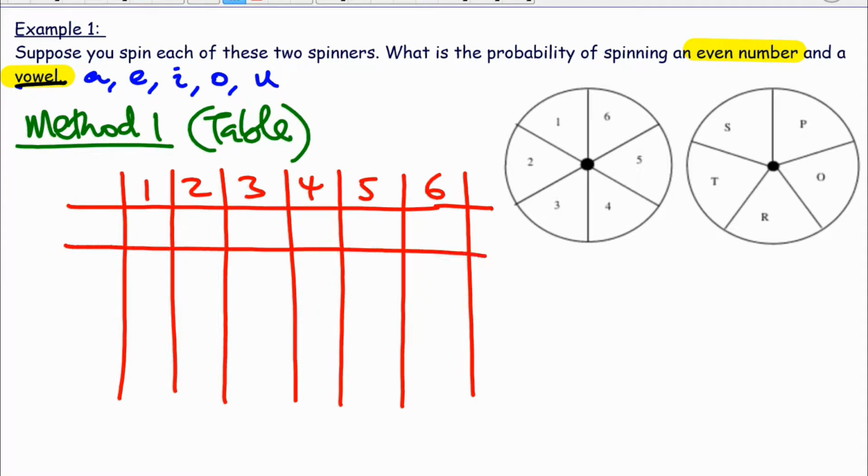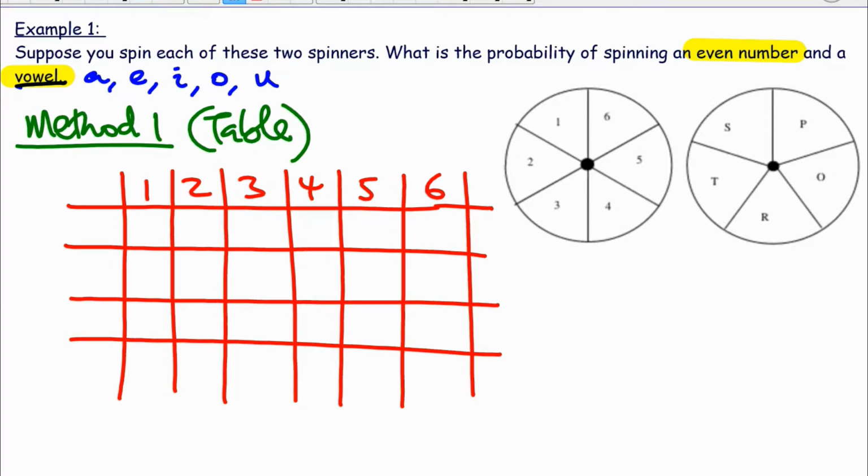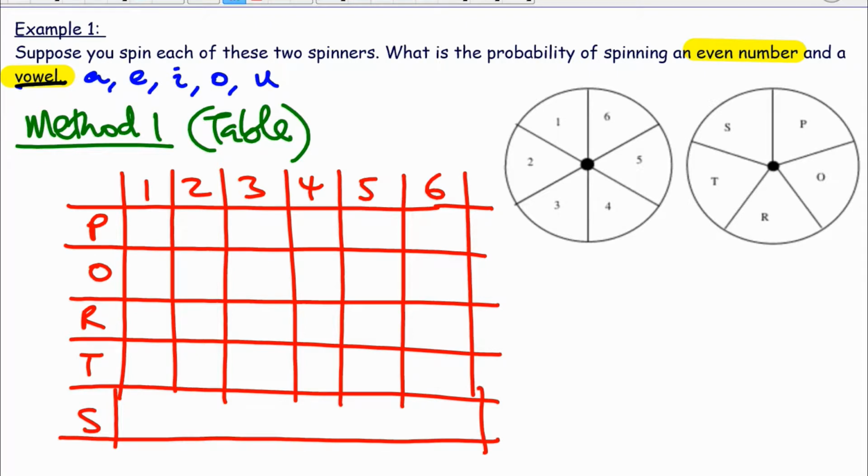And the second has 5 portions, and they are P, O, R, T, and S. So I'll have to add another row. Okay, and then what I'm going to do is to list possible outcomes.